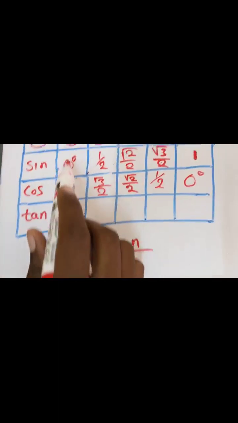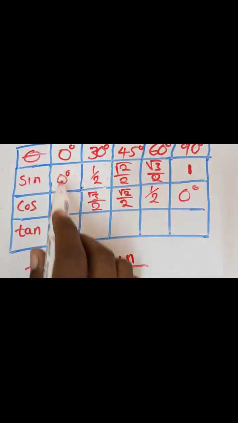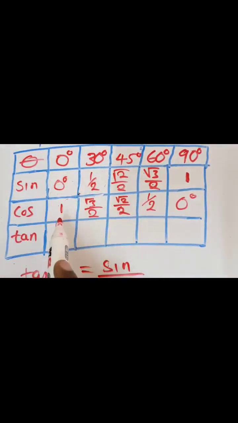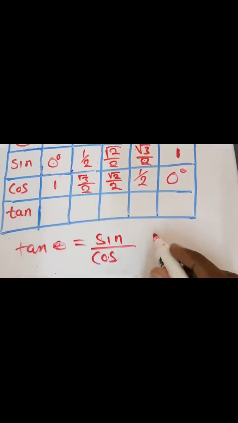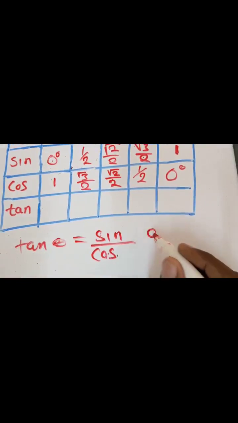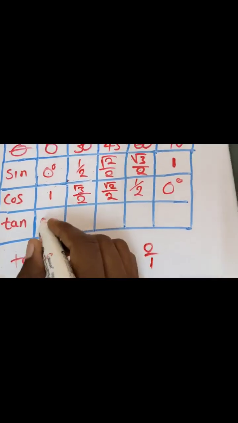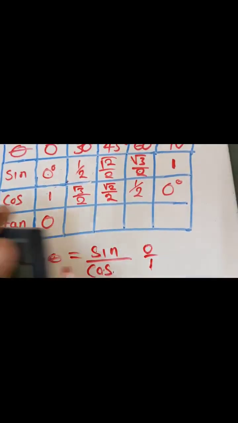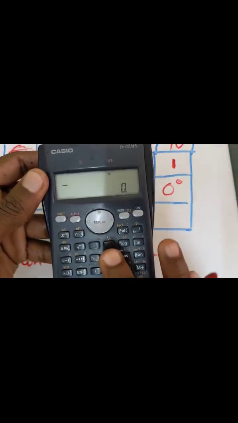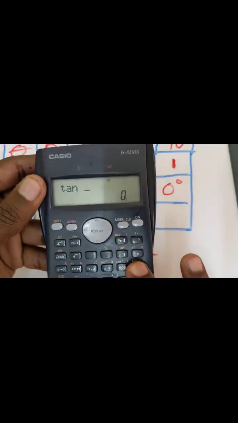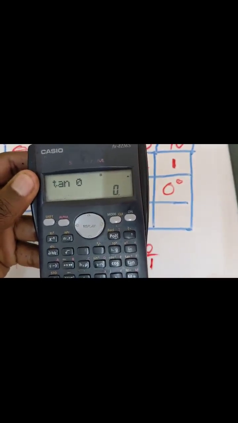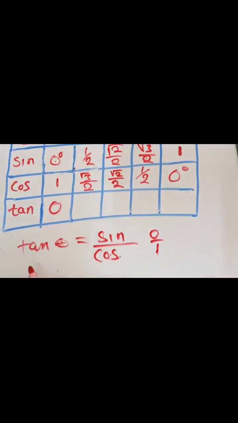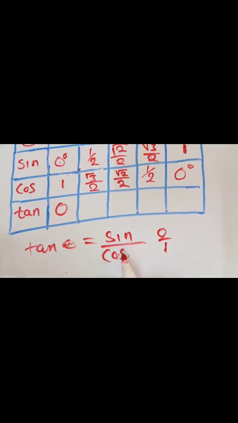So meaning that if you want to find tan 0 here, you're going to divide 0 by 1. What is 0 divided by 1? It is 0. So here, tan 0 is going to give you 0. So just know this formula again. Tan theta is equal to sine over cos.